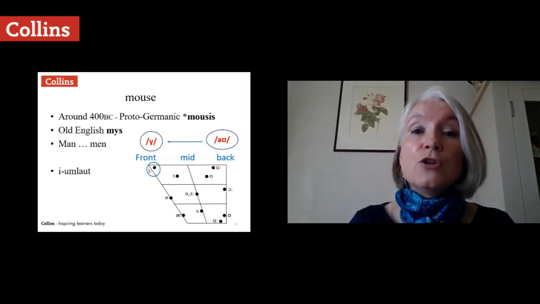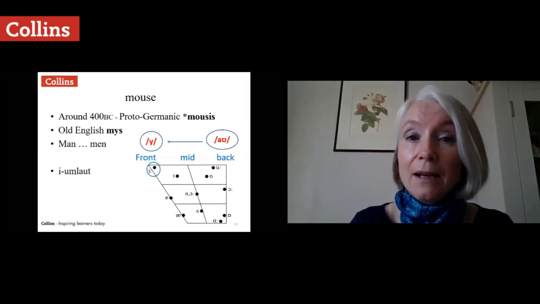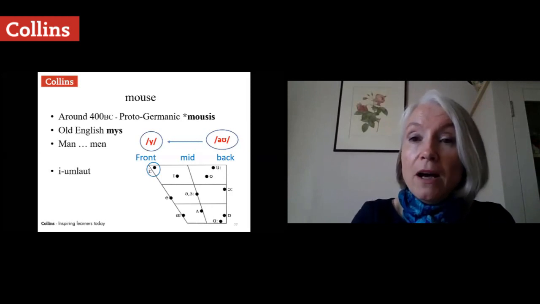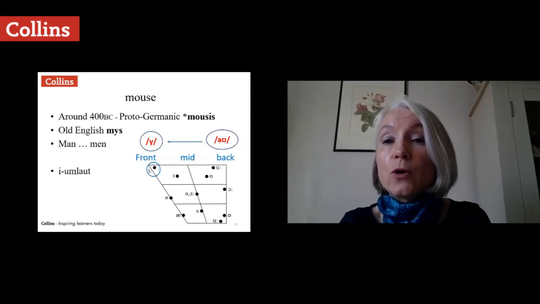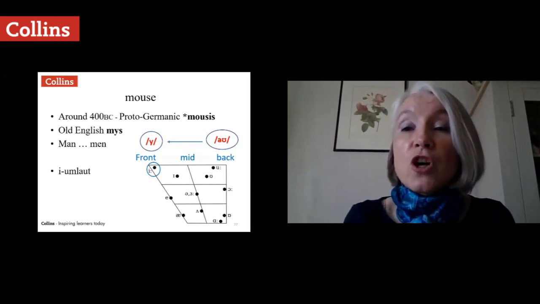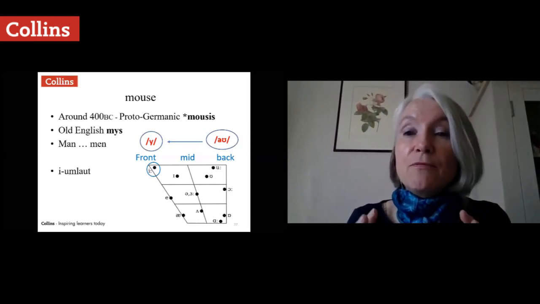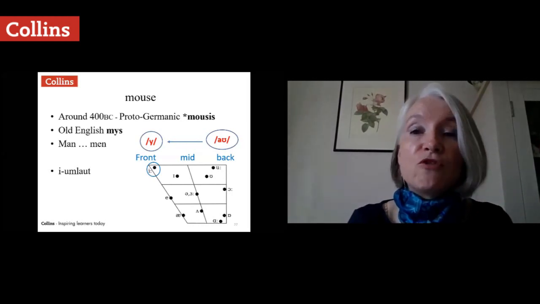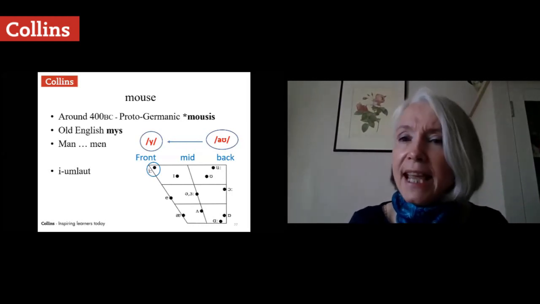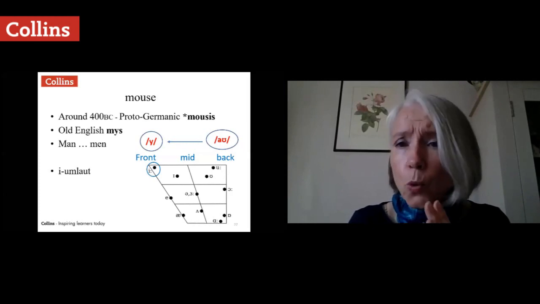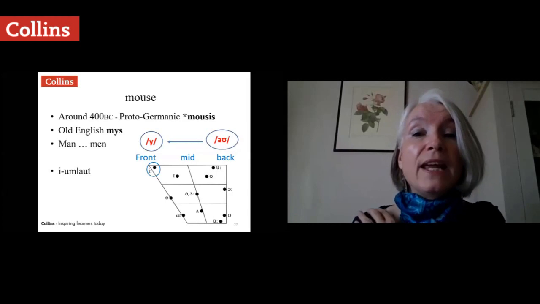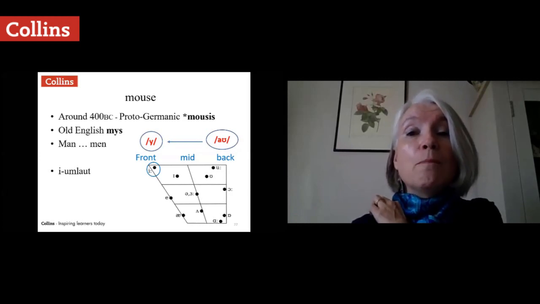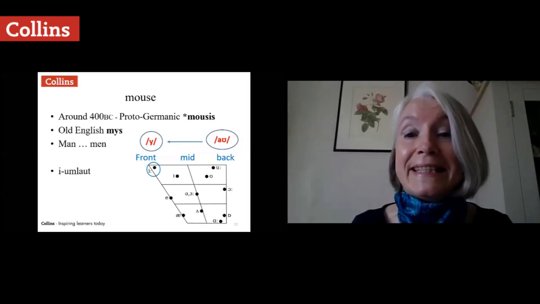This goes back to Proto-Germanic, the earliest form of the Germanic language that historical linguists have tried to work out what it was like. That is the precursor, the mother language of German and Dutch and English and Danish and Norse and all kinds of languages. So they think that in Proto-Germanic, the plural for mouse was mooses.